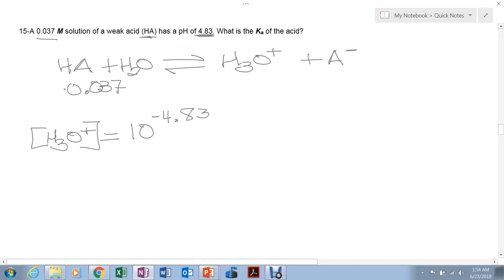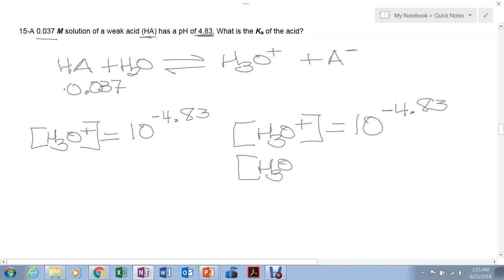So the concentration of hydronium H3O plus equals 10 to the negative 4.83. Sorry, I was looking at the answer already. And the H3O plus would be equal to 1.48 times 10 to the negative 5.